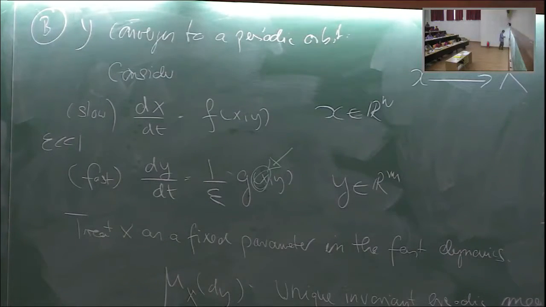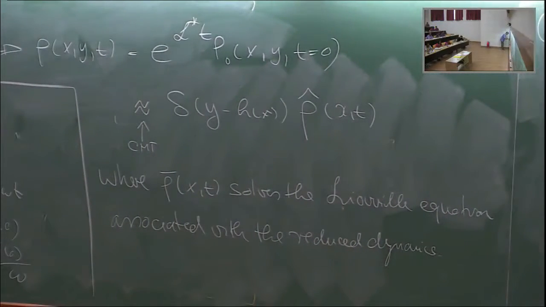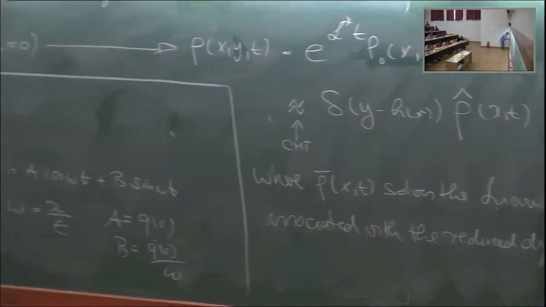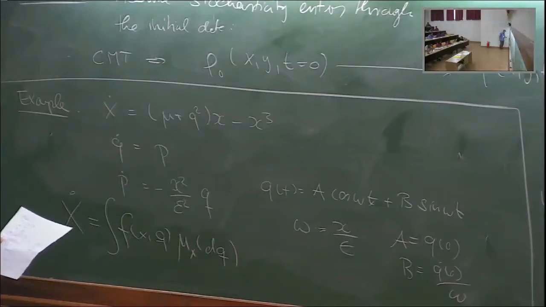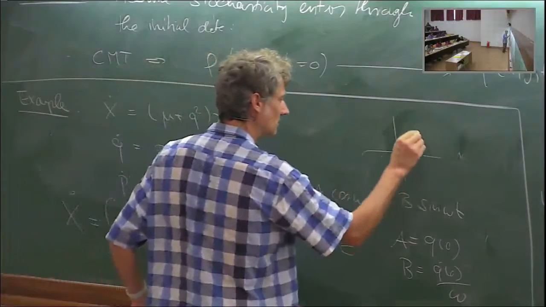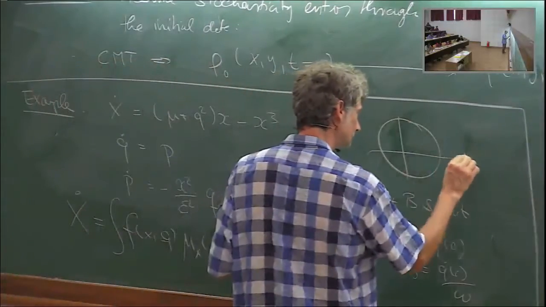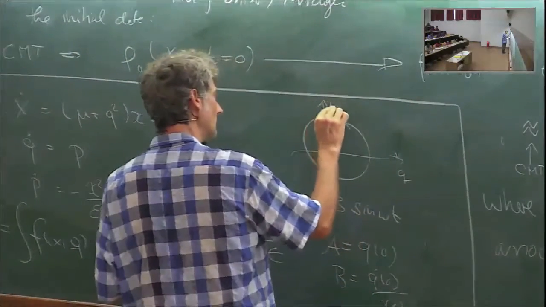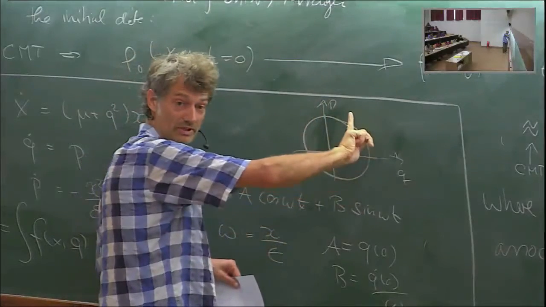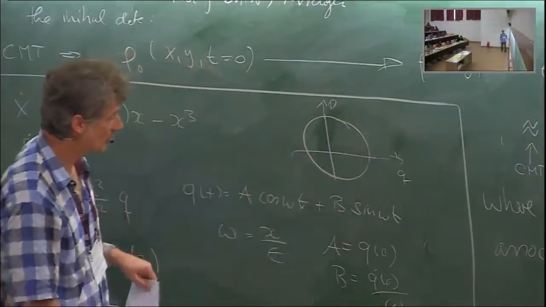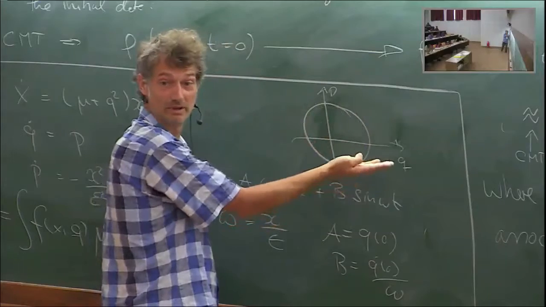So now we need to calculate what is x dot, the integral of f of x, q, mu x dq. Well, we now have our periodic orbit here. So the measure is now the measure concentrated on this periodic orbit. How can we parameterize the periodic orbit? If we go once around, by the angle and so by the time.